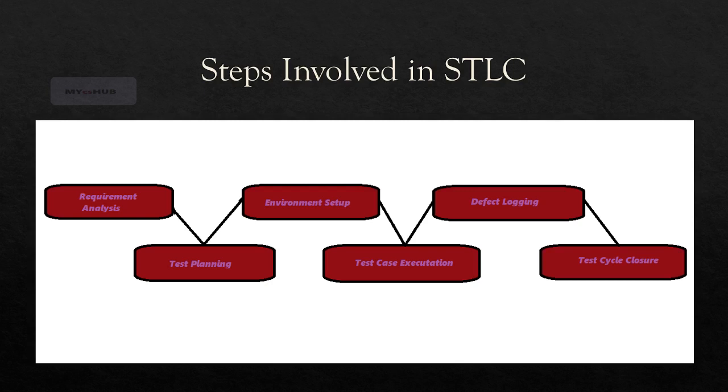So in the test execution phase, whatever test cases are prepared by the test engineer are executed on the software application, and then we move towards the next phase, which is the defect logging phase.